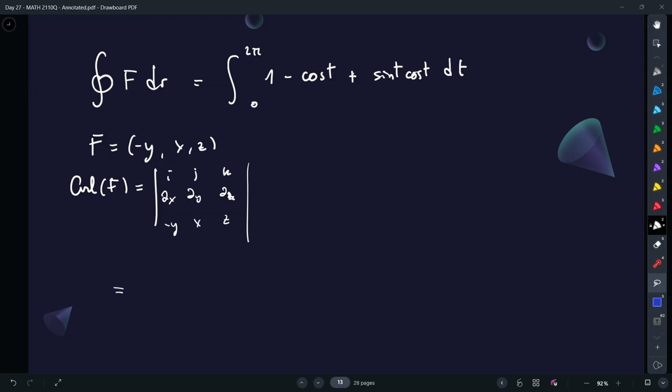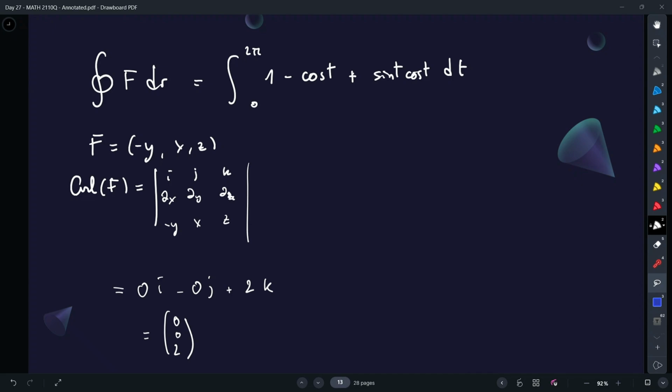The curl here is going to be, in i, the derivative with respect to y is 0, in j I get 0, and in k I get the derivative of x plus the derivative of y. I actually get 2k. Okay, so it is not 0. It's constant. So it is 0, 0, 2. That's the curl, but it's not the 0 vector.